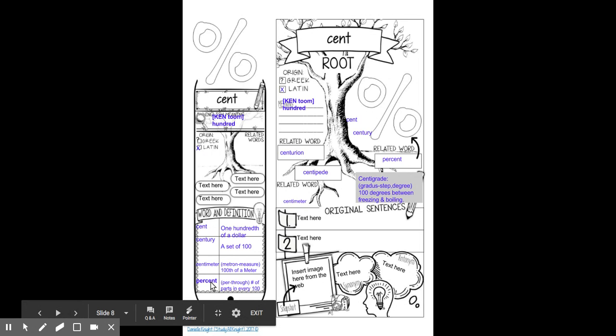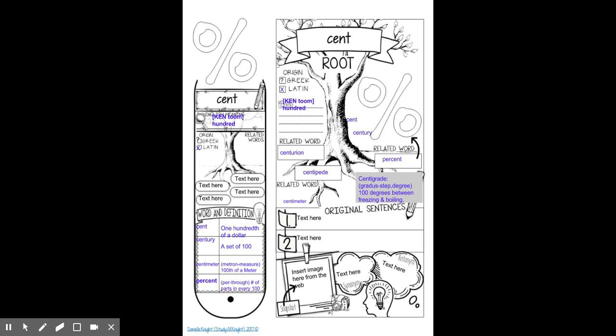And then percent, just sticking with the math theme here. Percent is very interesting because, again, it is a compound word. So it has per and cent, and per means through. So it's a number of parts in every 100. So you're going through the 100.